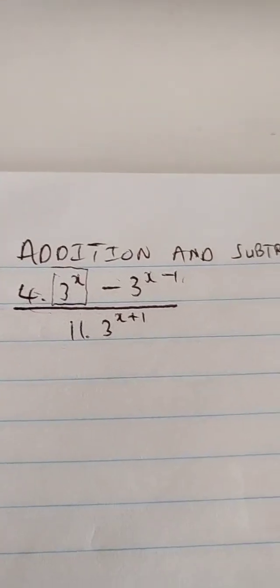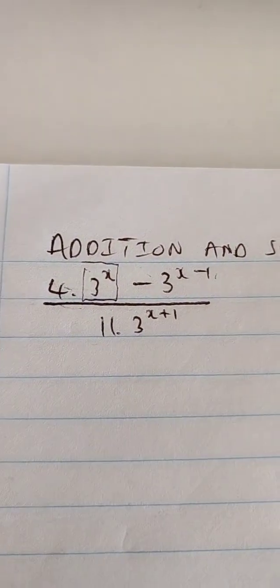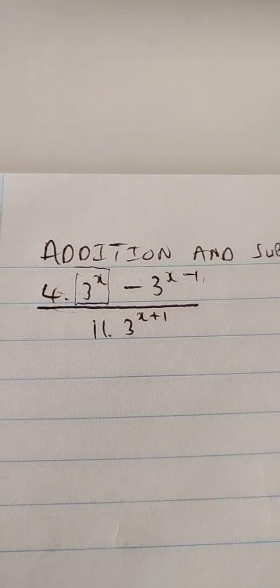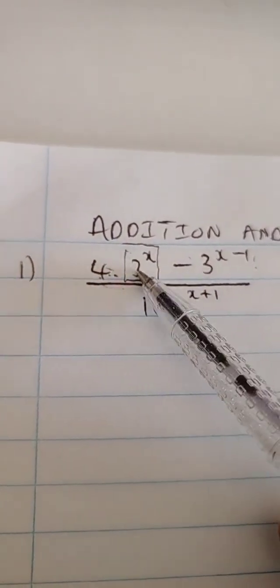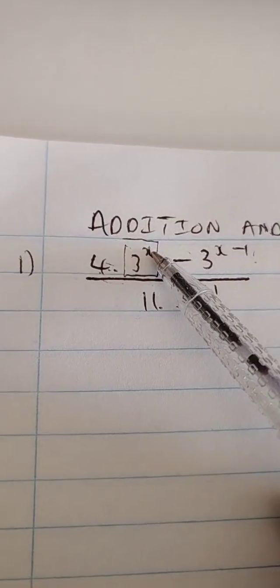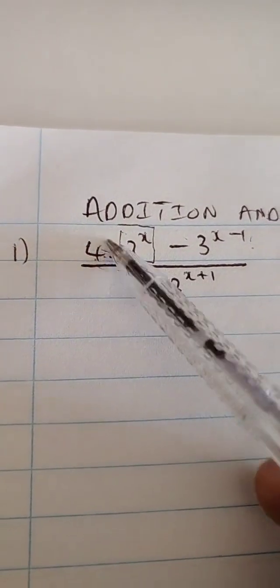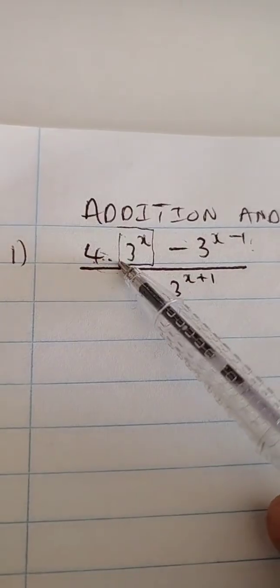Now, seeing that that is the case, that means to me and you that we have to look at the situation of the bases for all terms. So if you look at the first term, we have 4 times 3 to the power x. The number is 4, multiplied by the base, which has a variable.